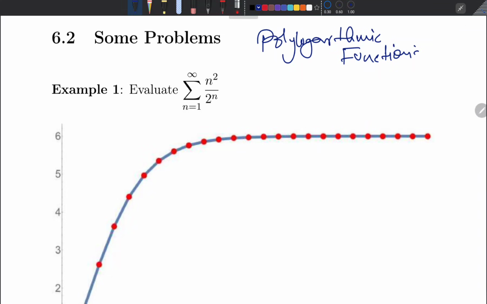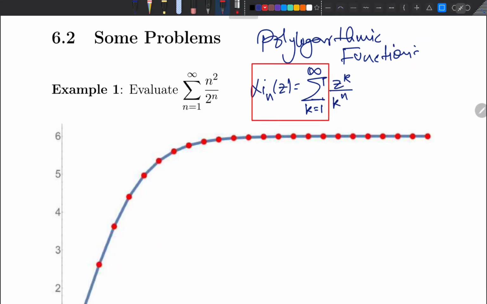I'm not sure whether you know this or not, but it's something like this: Li sub n of z. Basically it's the sum as k goes from 1 to infinity of z to the k over k to the n. So basically it's a generalized form, right?